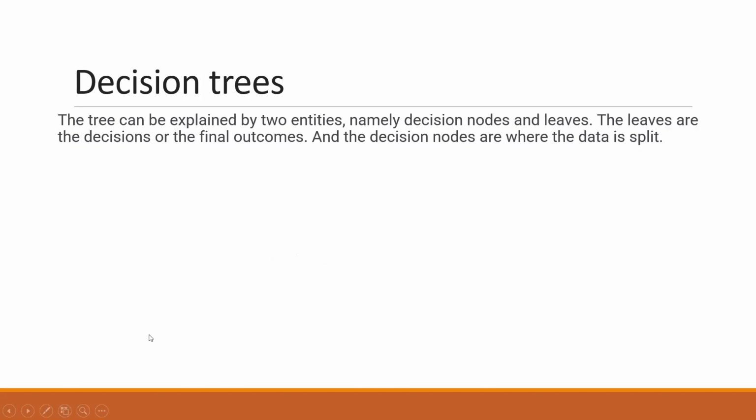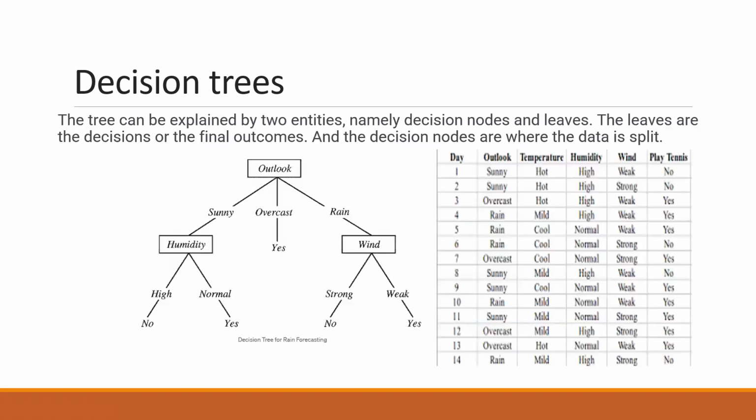Next, we have an example on the basis of which you can understand how a data set is converted into a tree. Here we can see the tree can be explained by two entities, decision nodes and leaf. Humidity is a decision node, wind is a decision node, this is a root node, and these are leaves.